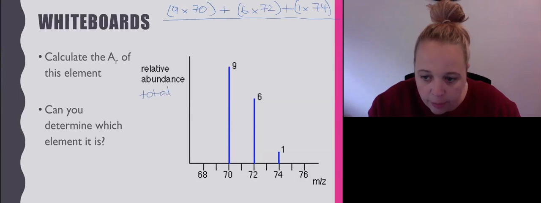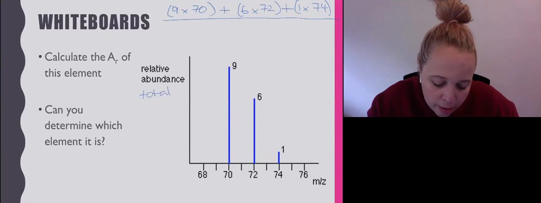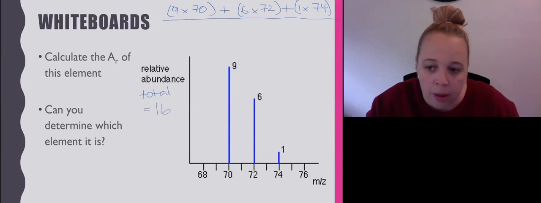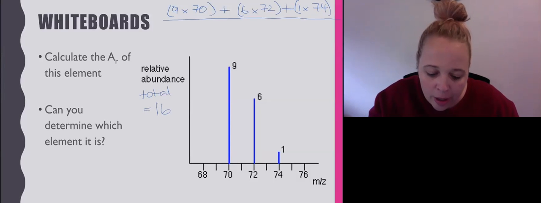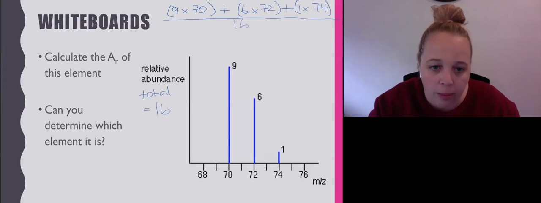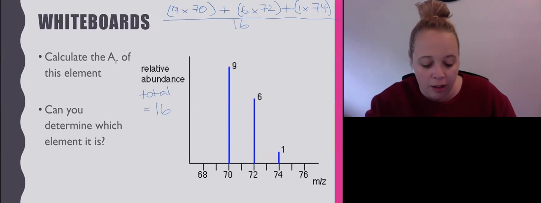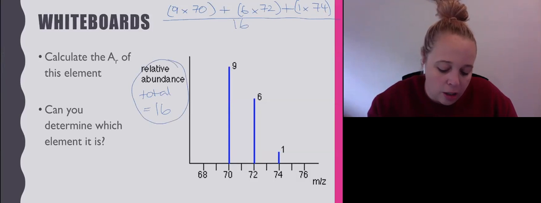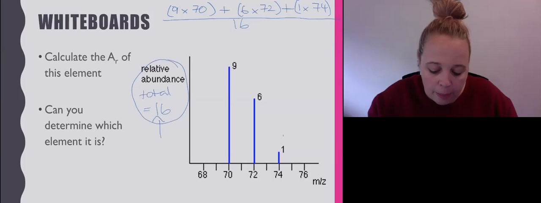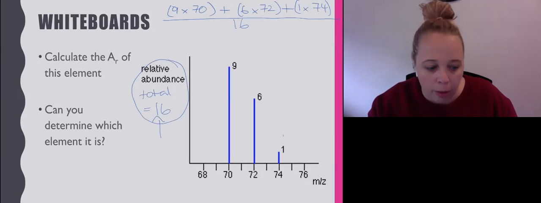Now, this time I'm not going to divide it by 100, because what is my total abundance of everything? It'll be 9 plus 1 plus 6 equals 16. So instead of dividing by 100 this time, I'm going to divide by 16, because that's the scale that I've been given. If this isn't in percentage, you need to be careful and add up each one of the abundances to figure out what we've got.